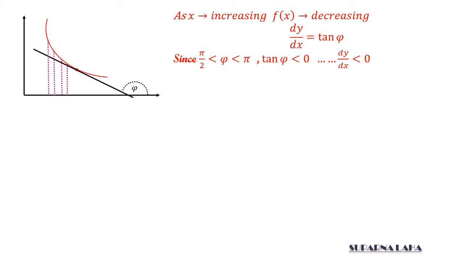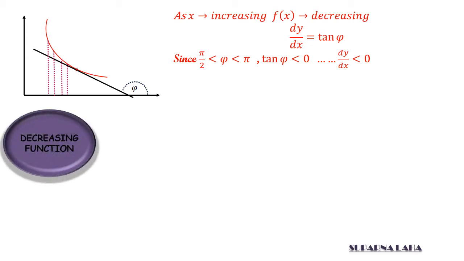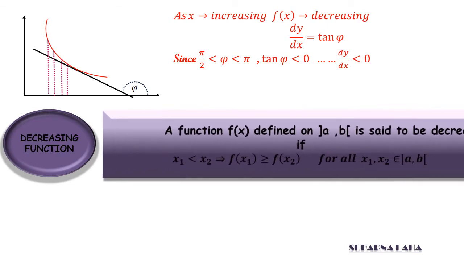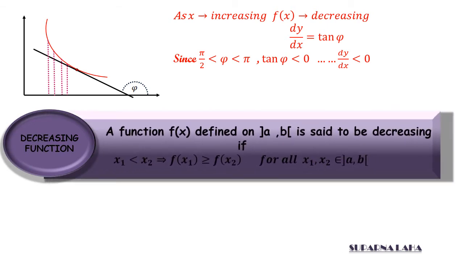Now this type of function we call a decreasing function. So here is the definition of a decreasing function. If f(x) is defined on this open interval (a, b), it is said to be decreasing if for x1 less than x2, f(x1) is greater than or equal to f(x2).